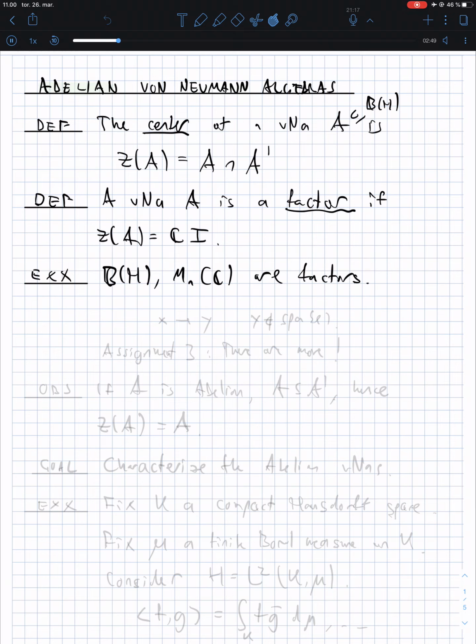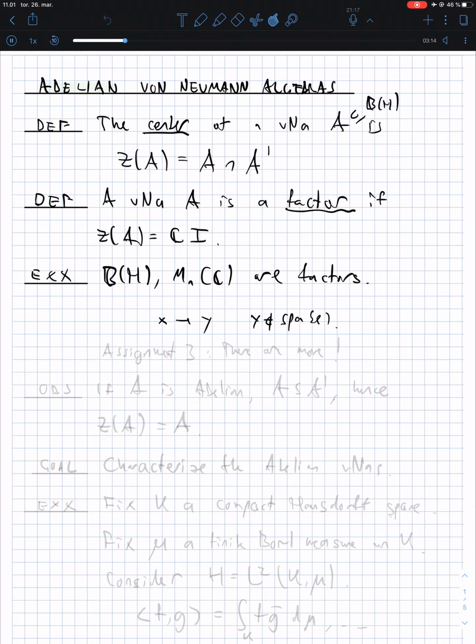because the only way you can commute with all the elements, I'm claiming, is if you're a multiple of the identity. So if you have something which is not a multiple of the identity, then it will take some vector x and send it to y, with y not being in the span of x. Right? That's what it means to not be a multiple of the identity.